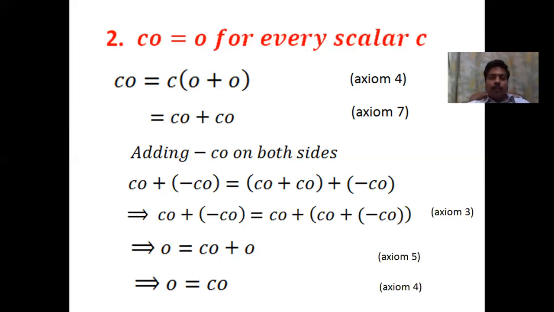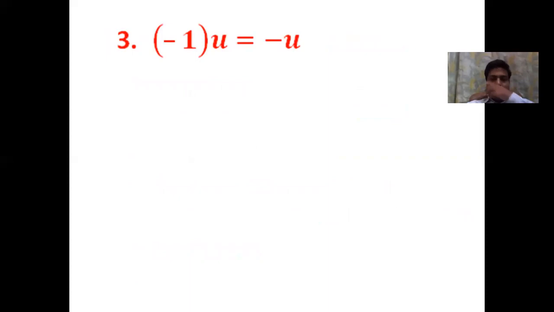Now let us move on to the next result: minus 1 times u is equal to minus u. This is the third result. So here u is multiplied by minus 1. Here minus 1 can be regarded as the additive inverse of the multiplicative identity.